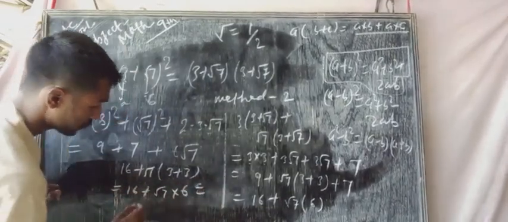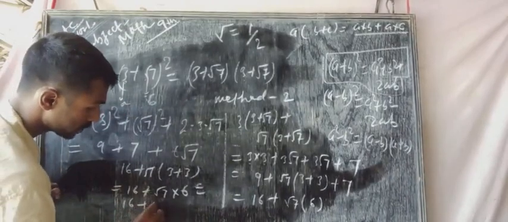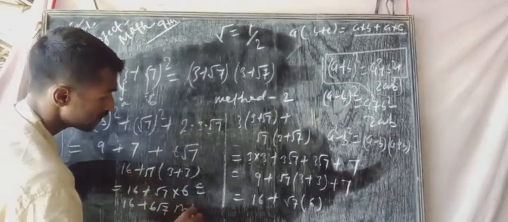So finally 16 plus 6 root 7 is the answer.